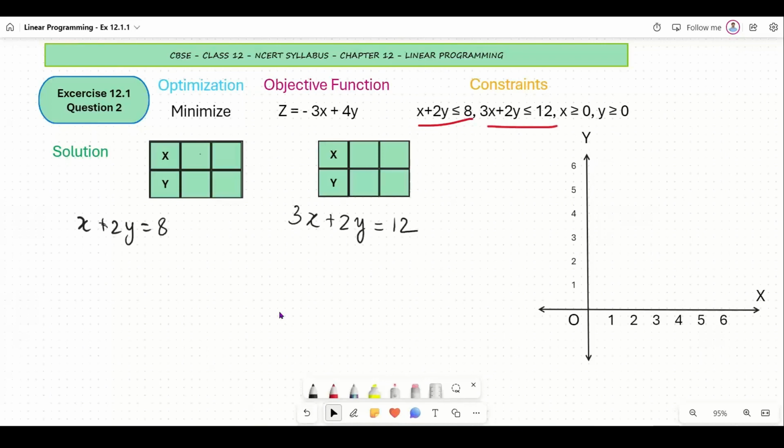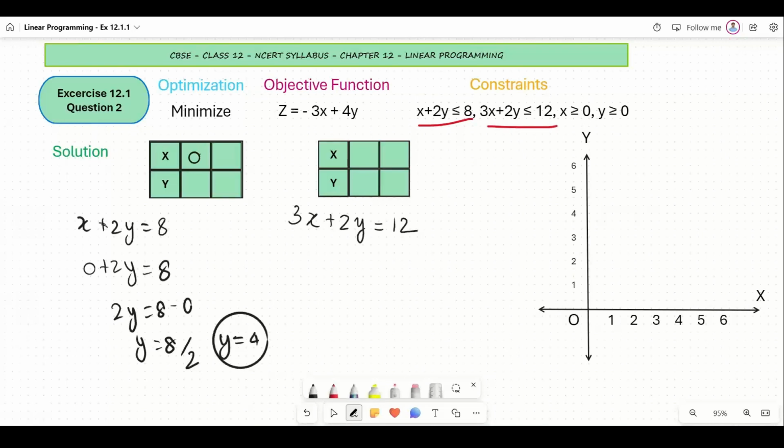So now let's substitute 0 for x, and let's try to find out the y value here. So 2y is equal to 8 minus 0, y is equal to 8 by 2, and the y value is equal to 4, right? So when x is 0, y value is 4.